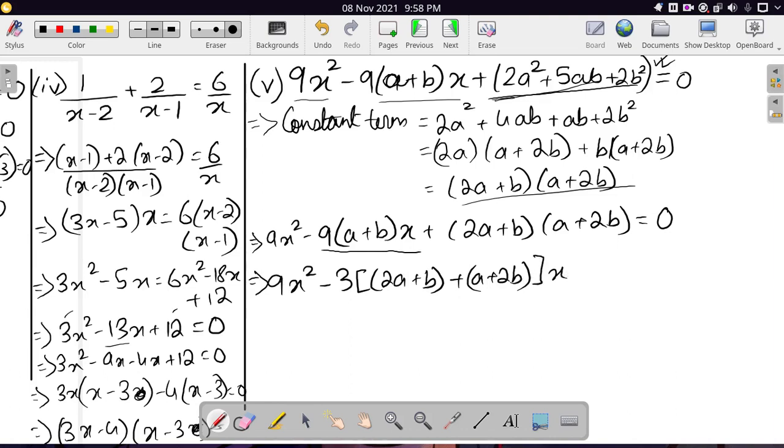So what is our main aim? We have a+b over here, and we have (2a+b)(a+2b), this constant term. So we need to write this middle term in such a way that this thing can appear in the middle term, and then we will copy the rest, because we need to take common, right? So if you want to take common, the like terms on one side, and we need to do the common thing that we did over here.